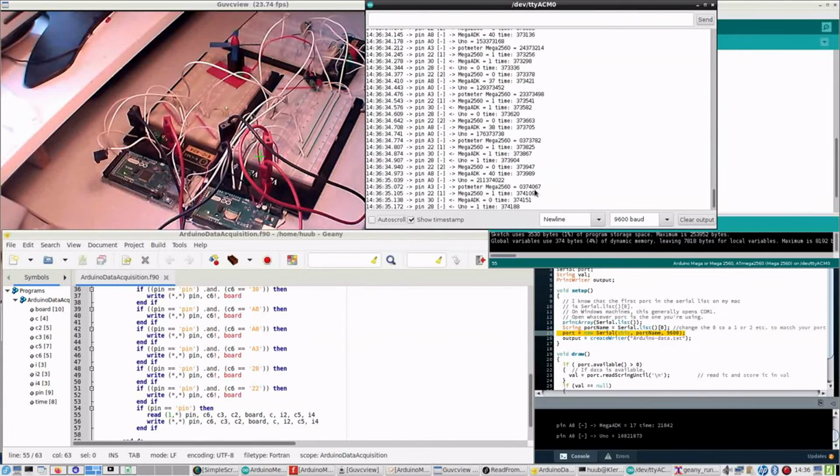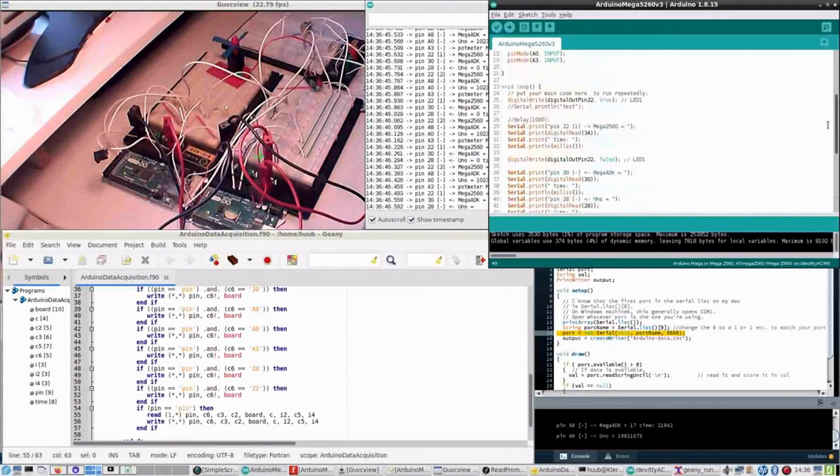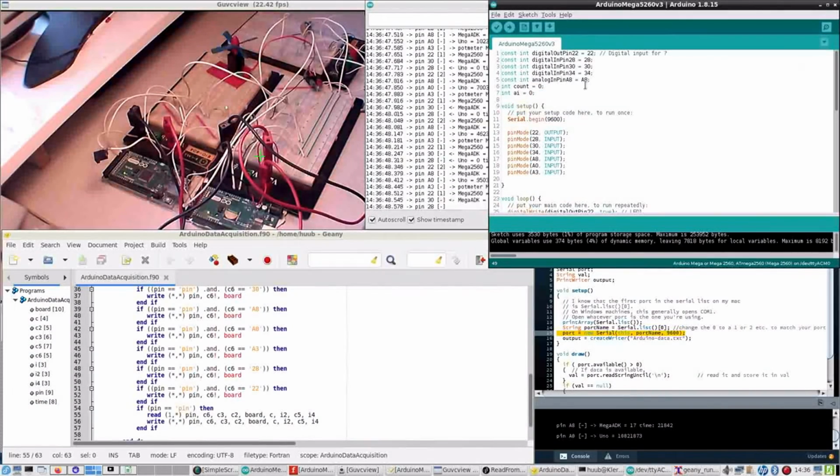So what does Potmeter say? Once again, a very different value. So what's my programming in here? Probably here something wrong. Yes, okay. A8.